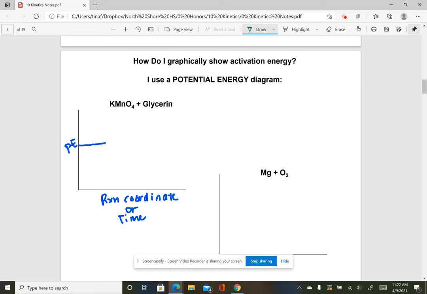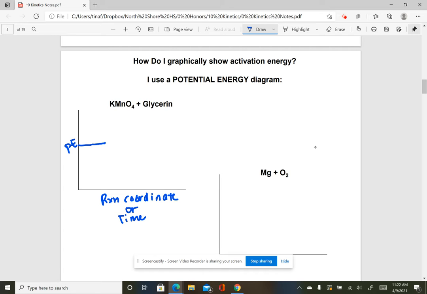Now, activation energy is the energy you need to add to the reactants in order for their collisions to be effective, in order for them to have enough energy to effectively collide. So if we're adding energy, it makes sense for our line to go up.